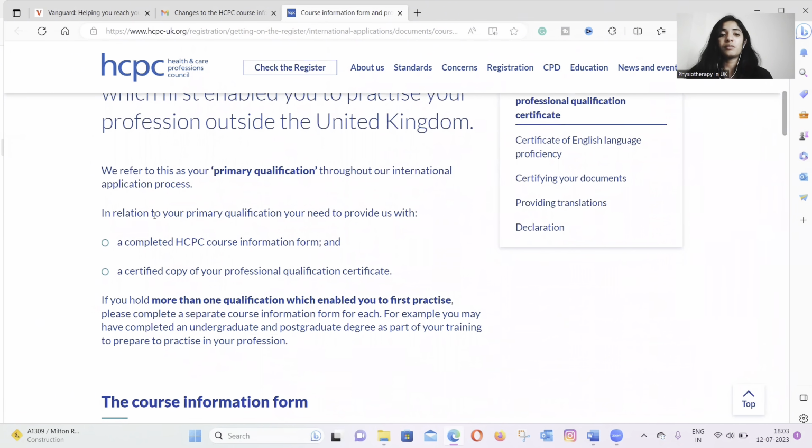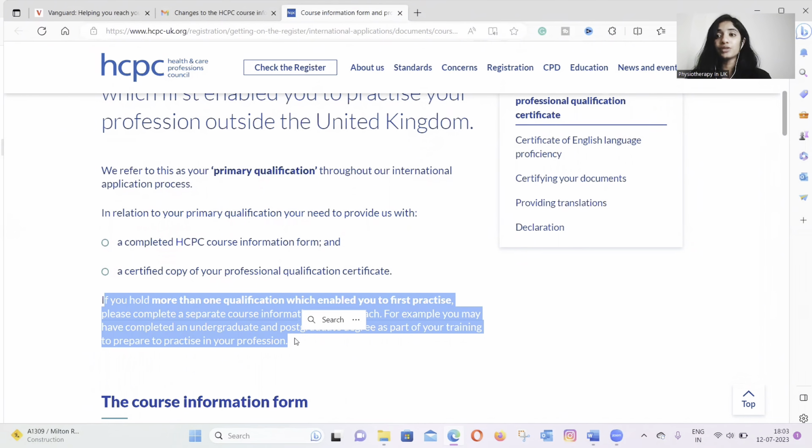Now, what you need to remember is that in relation to your primary qualifications, say, for example, I'm a physiotherapist and I used my Bachelor's of Physiotherapy certificate to start working in the UK, then what I need to provide is my completed HCPC course information form for my bachelor's, and I need to provide a certified copy of my professional qualification certificate, which is my degree certificate.